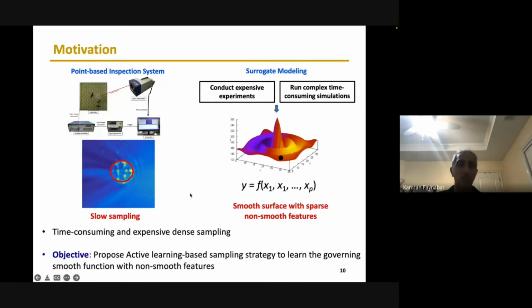So let's look at a motivation here. Sometimes we talk about the era of big data, and we keep repeating that. But in many cases, including some non-destructive or destructive tests, or some expensive simulation, the data collection process is very expensive and time-consuming.